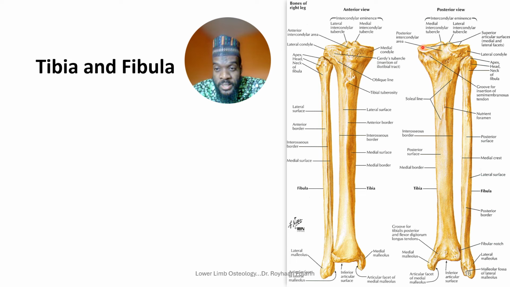And here, we saw the condyles anteriorly. Now we can see the articular surfaces, the articular facets, the medial and lateral articular surfaces of the tibia.